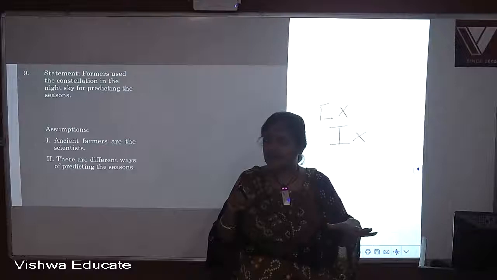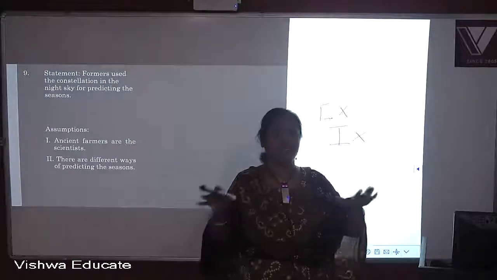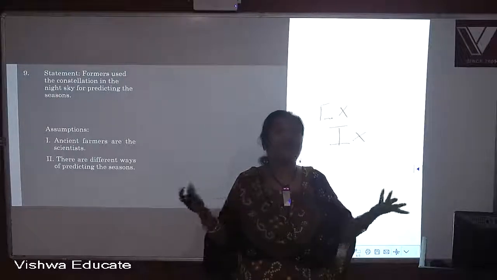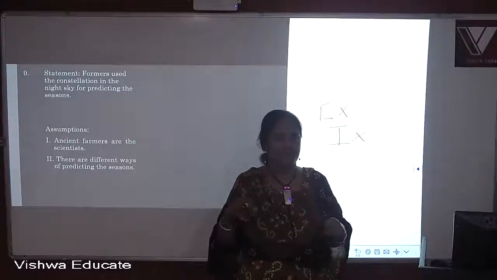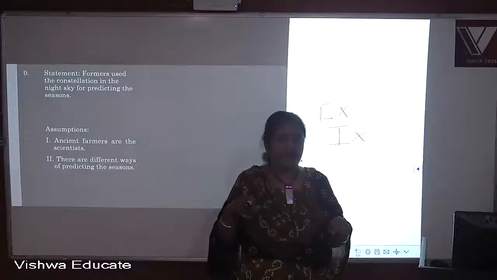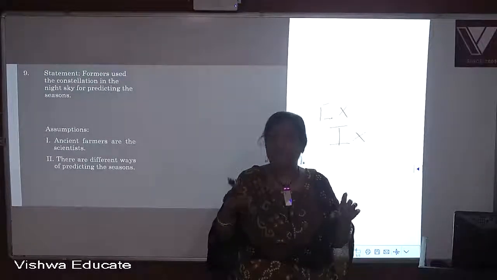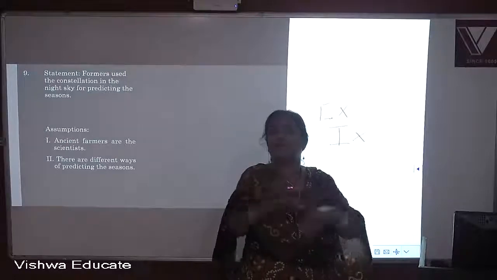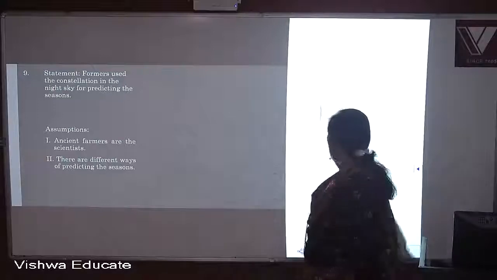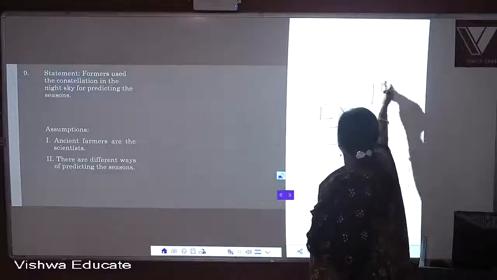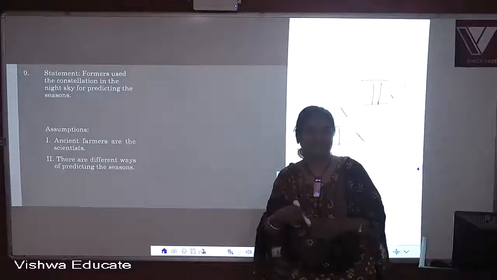That means the hidden part is that it's not necessary that only farmers use it, and not necessary that only constellations make people predict the seasons. But once upon a time, it was used by the farmers, which means there are different ways of predicting seasons. Therefore, only 2 is right. Okay?